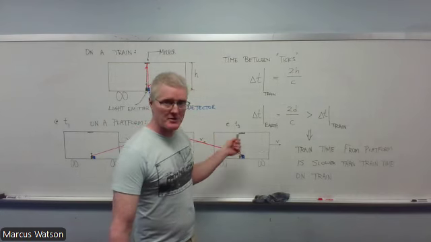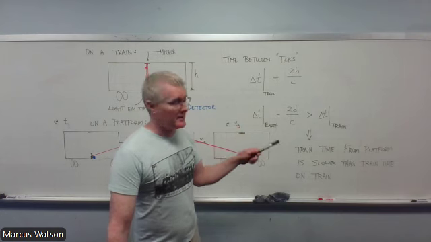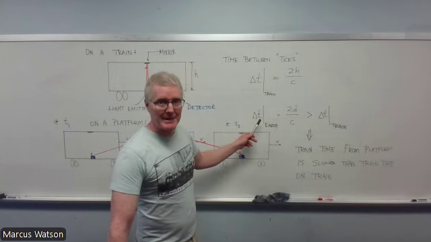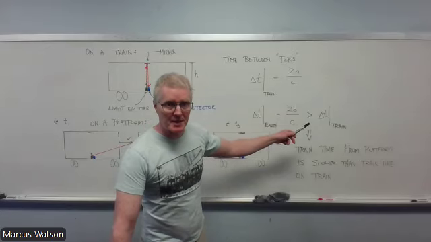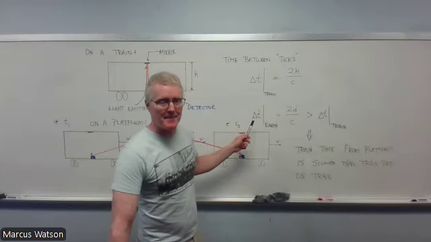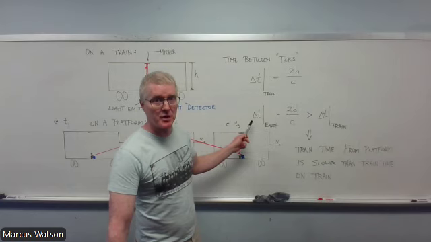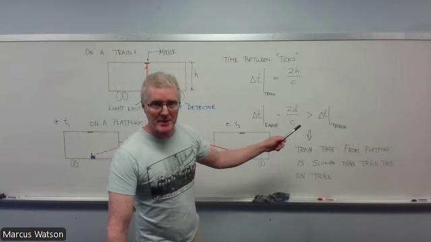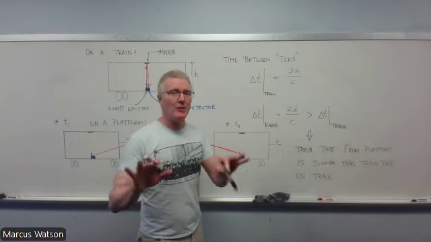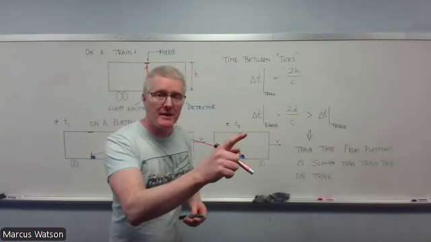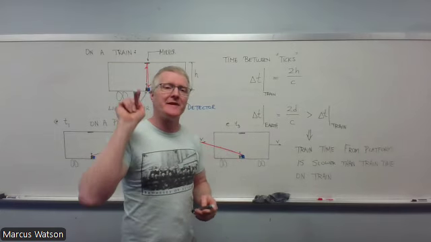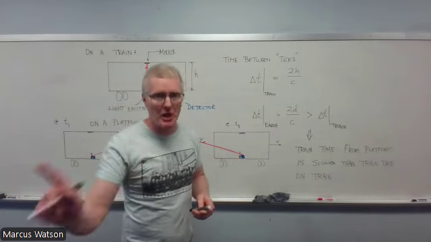Therefore, if it travels a longer distance, it takes a longer time to do that. Therefore, the amount of time between ticks as seen from a platform is longer than as seen on the train. Therefore, there's less time as seen from a platform observer on the train than by a train observer. In other words, if I observe a clock that is moving, then I observe its time to be slower.